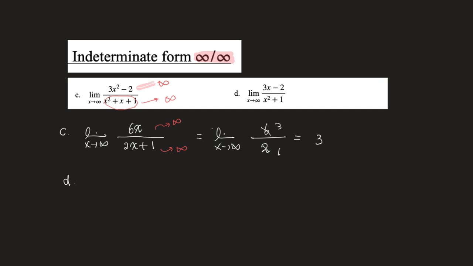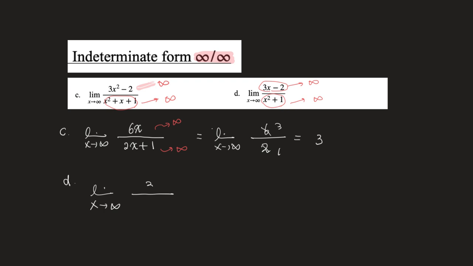Let's do part d. Could you check this form? As x approaches infinity, this is getting bigger, increasing. This one is also increasing. So this is infinity over infinity, so we're going to use L'Hopital's rule again.